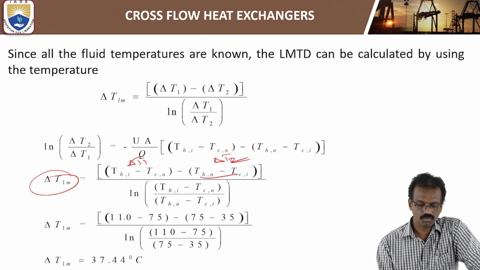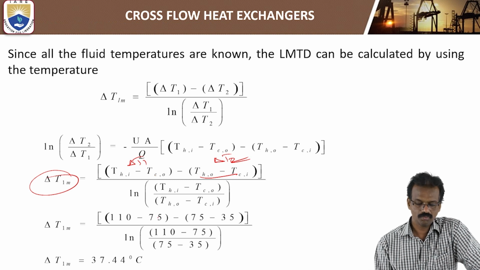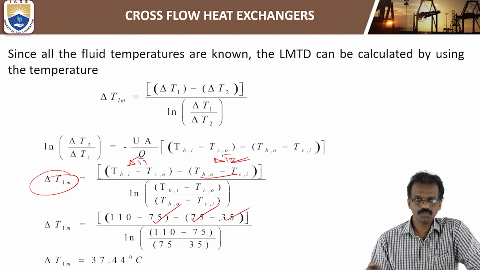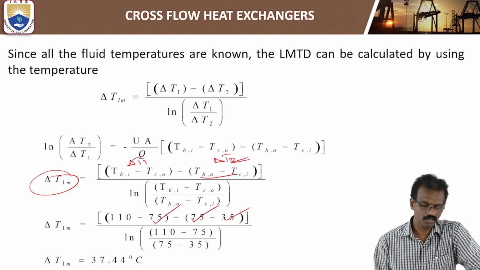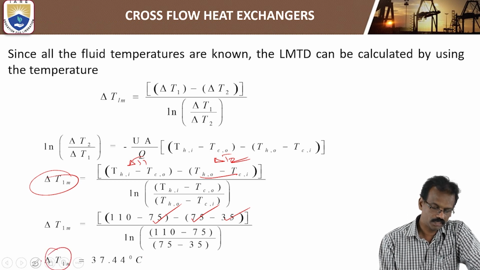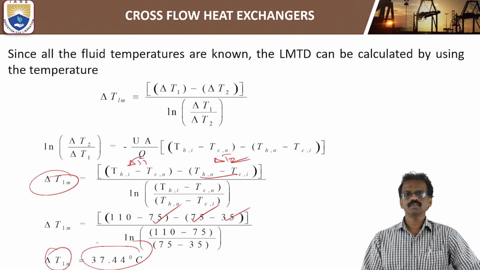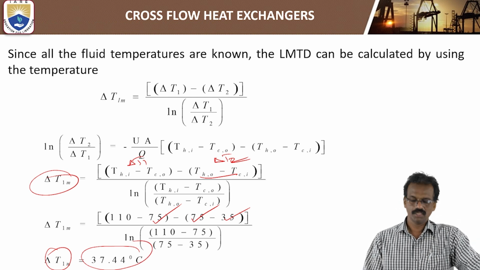Hot fluid inlet is equal to 110 degrees Celsius, cold fluid outlet is equal to 75, and hot fluid outlet is equal to 75. Cold fluid inlet is equal to 35. If you substitute these values, you will get the value of delta TLM, the logarithmic mean value. This is 37.44 degrees Celsius.